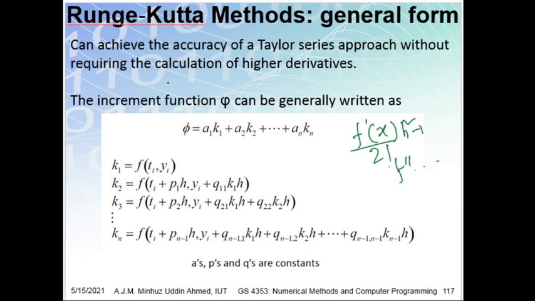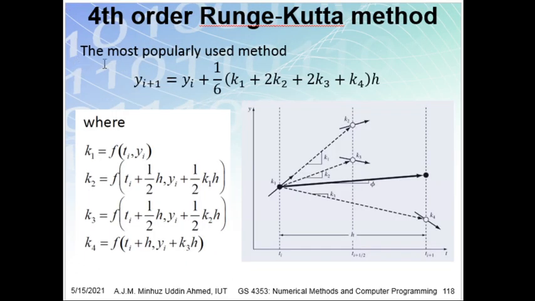Among all the orders of Runge-Kutta methods, the most popular one is the fourth order Runge-Kutta method, where k1, k2, k3, k4 are four points where we need to take slopes. In this figure, this is explained. We have taken slopes at 4 points and given some weightage to these points, similar to the trapezoidal rule, if you remember.